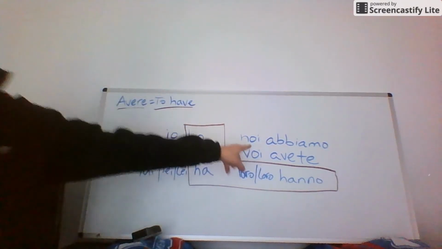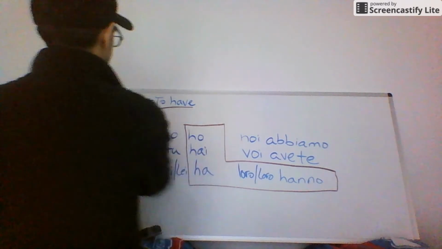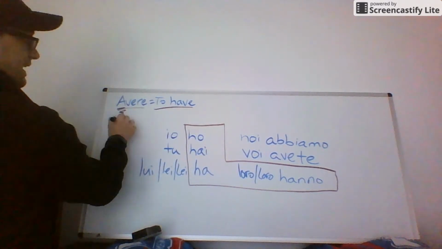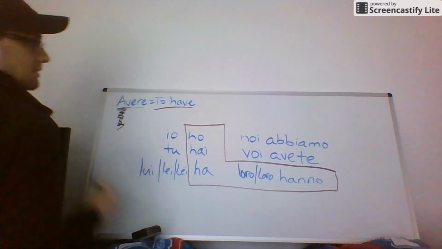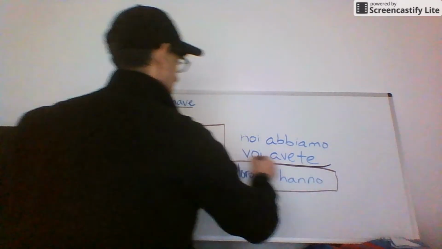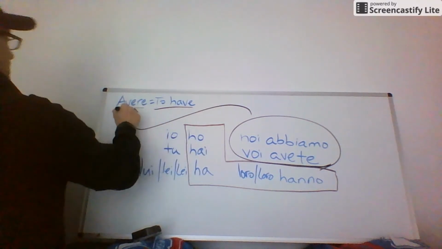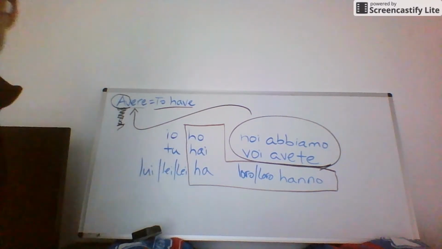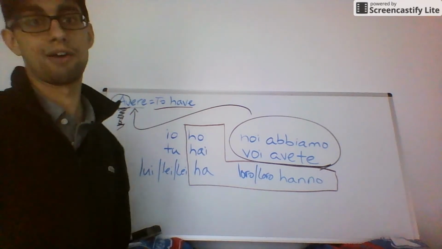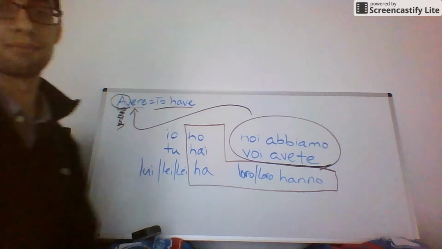Notice how those are the only ones that start with the A. Okay, these here are almost similar to the stem of avere. So there you have it right there. I hope that this will help you memorize avere a little bit more simply.